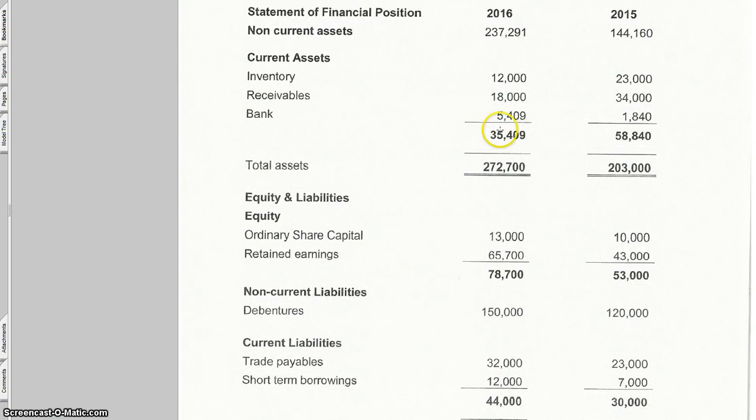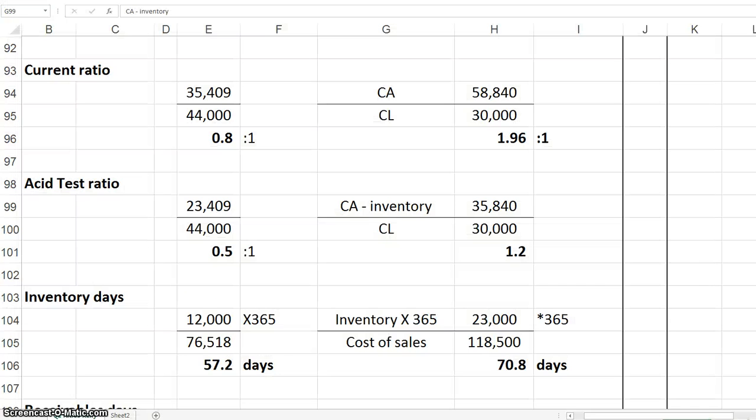So 35,409 minus 12,000, and here it'll be 58,840 minus 23,000. Then put those figures over the current liabilities. And that's it there. Just remember, your answer should always be is to 1, such as 1.2 is to 1, or 0.5 is to 1 in this instance.